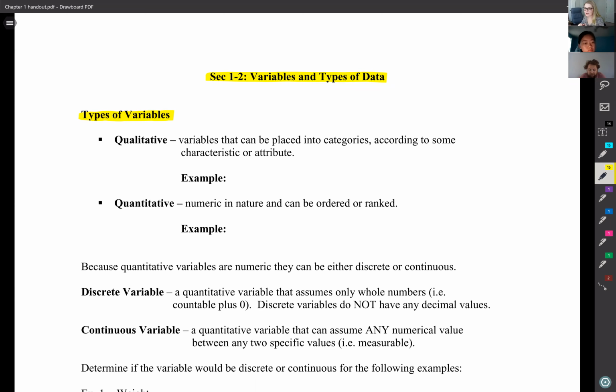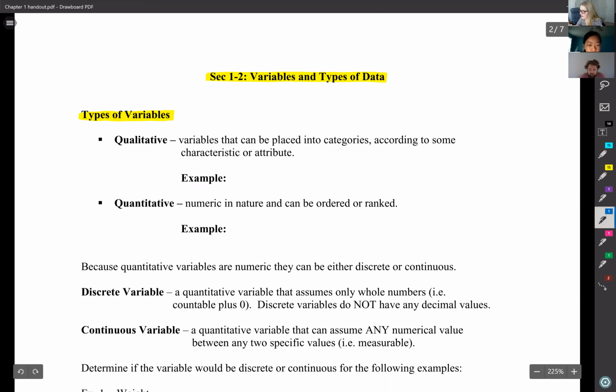So definitions are already in here for you, but qualitative is variables that can be placed into categories according to some characteristic or attribute. So this is something where it's categorical. I can place people in categories or things in categories based on some characteristic or attribute.